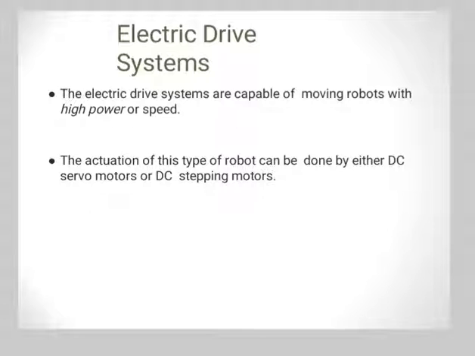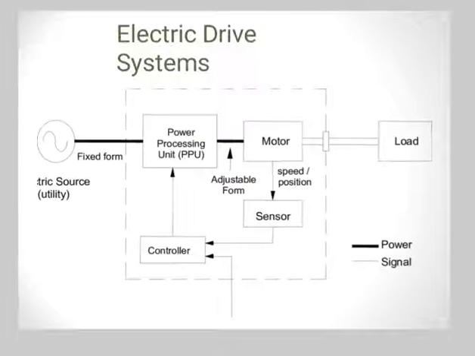The electric drive system is perfect for small robots and precise applications. Most importantly, it has greater accuracy and repeatability, and the one disadvantage of this system is that it is slightly costly. An example of this type of drive system is the Maker 110 robot.